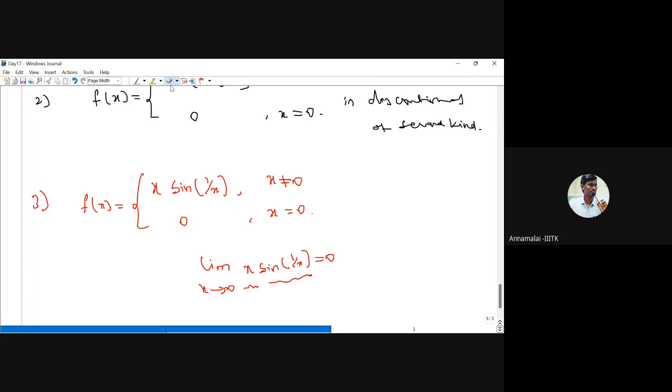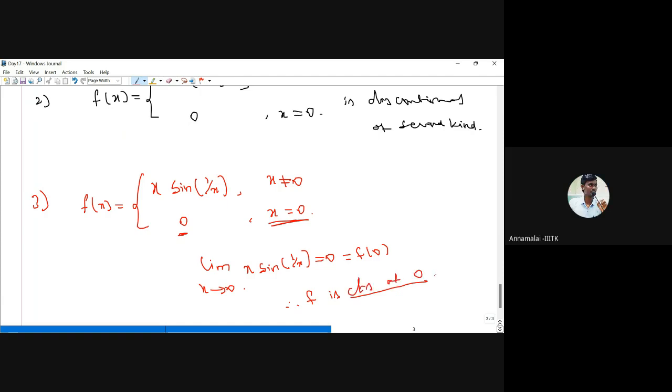Now, what is 0 in the function? It's nothing but f of 0, because at the point x equal to 0 the value is 0. So the limit as x goes to 0 of f of x equals f of 0. Therefore, what can you say about f? F is continuous at the point 0.